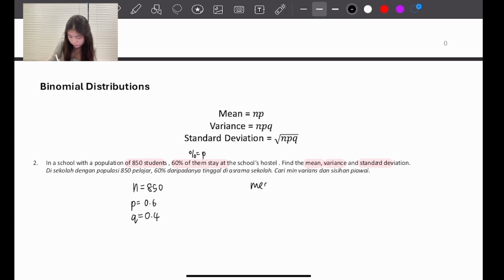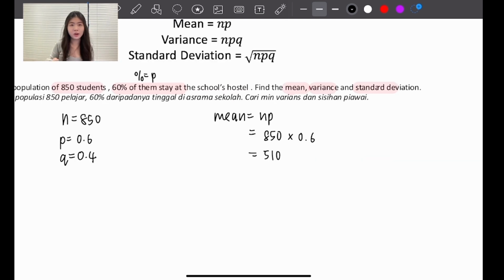For the mean, how do we find it? The mean will be n times p, so 850 times 0.6. The answer will be 510. For the variance, we are going to use the formula npq, so we write down 850 times 0.6 times 0.4.